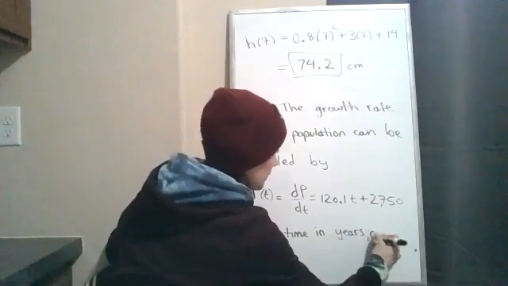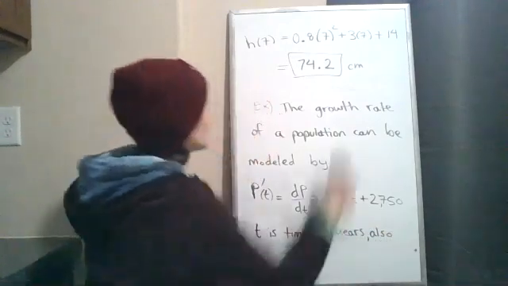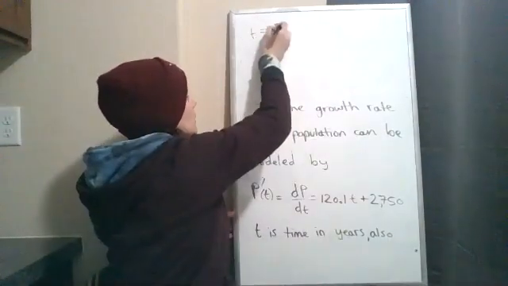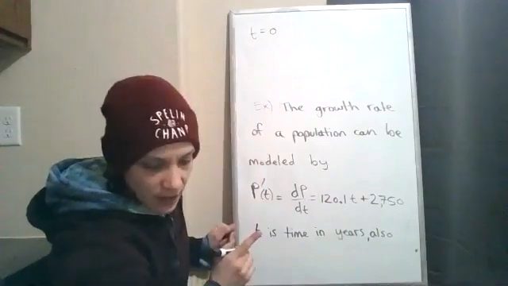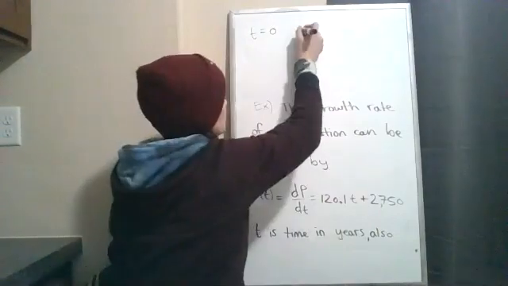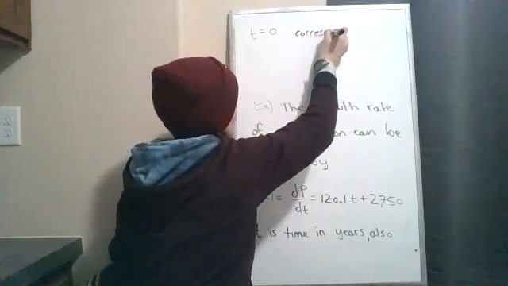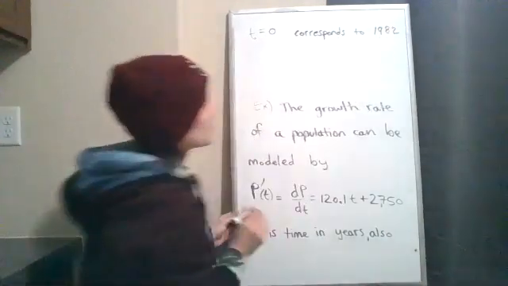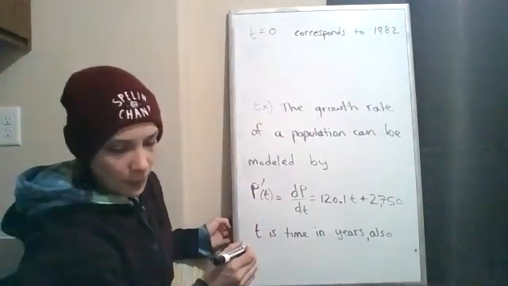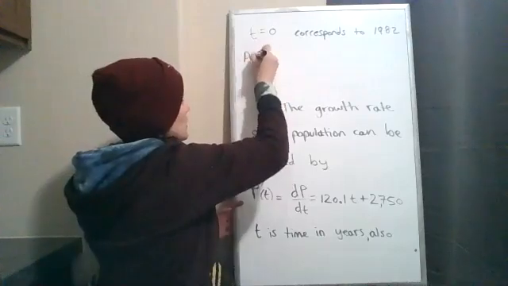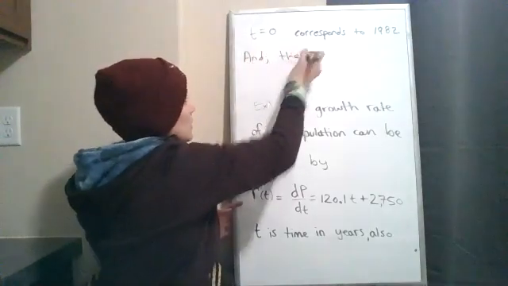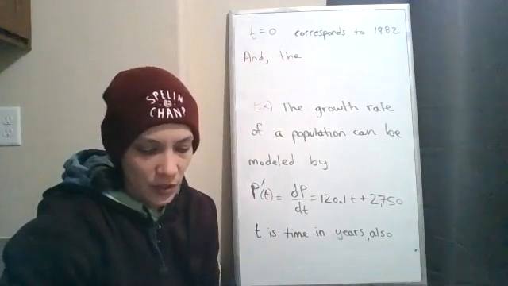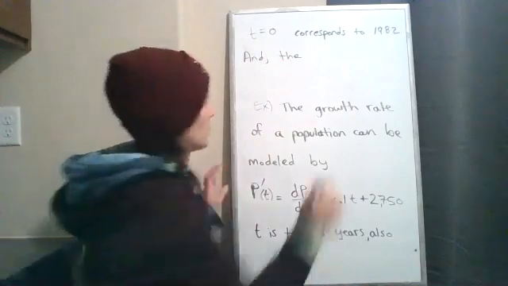Also, t equals 0 corresponds to the year 1982. To give it some more information, the population was 230,000 in 2007.